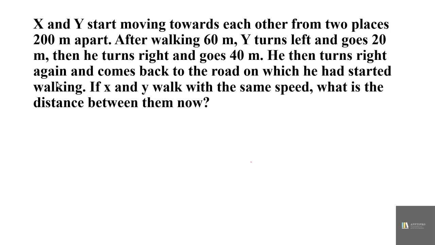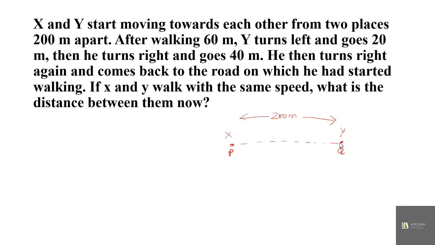X and Y start moving towards each other from two places 200 meters apart. Consider 2 points P and Q which are separated by 200 meters. X starts at P and Y starts at Q. Then after walking 60 meters, Y turns left and goes 20 meters.